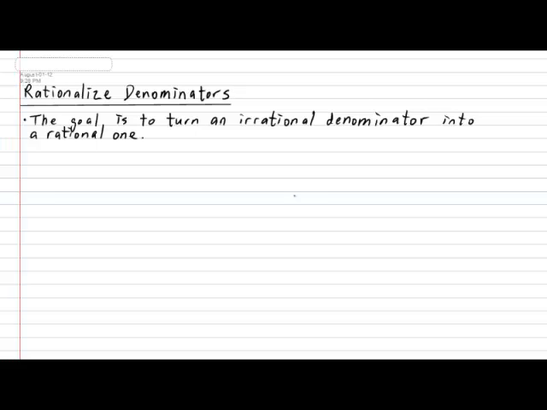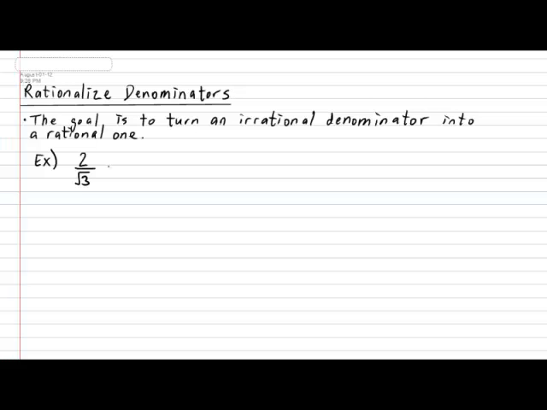Now what's meant by that? Well, here's a quick example. Suppose I give you a fraction with an irrational denominator, such as 2 over root 3. Root 3, as the denominator, is irrational because root 3 is a never-ending decimal number without any patterns in it.